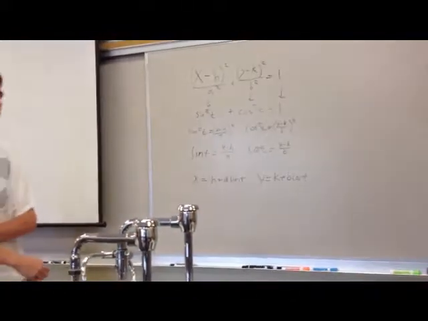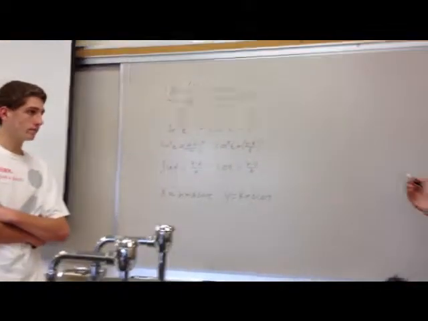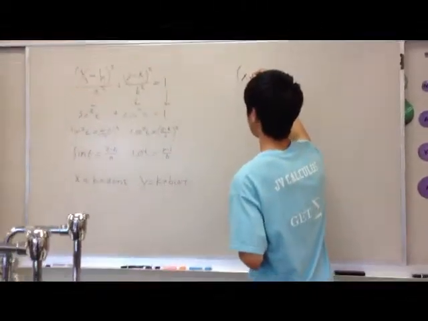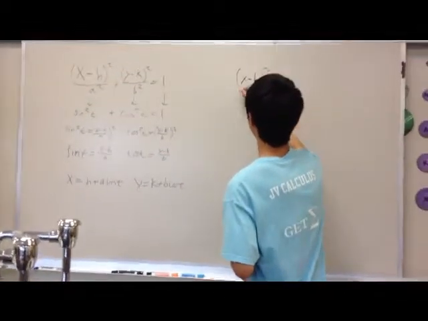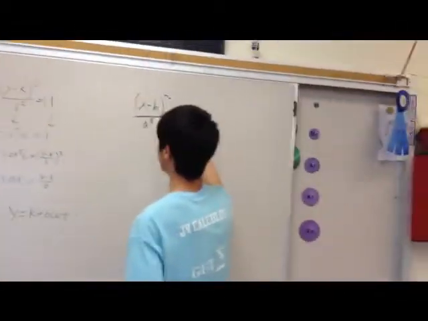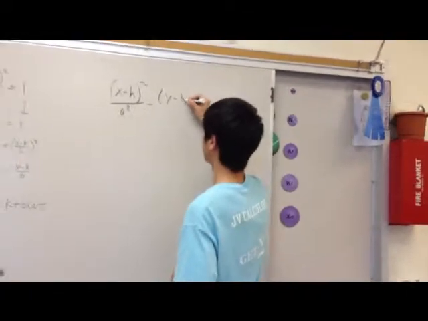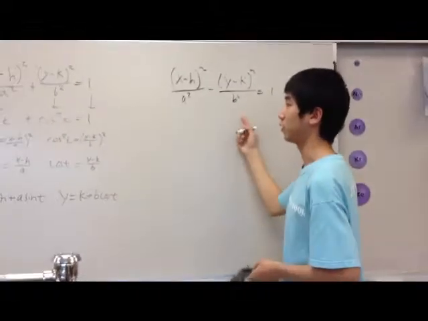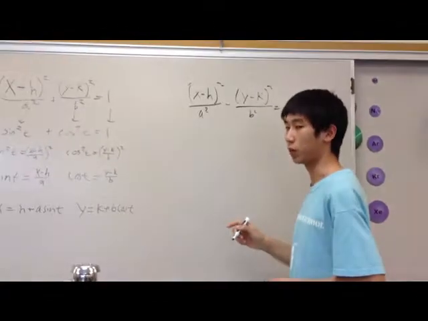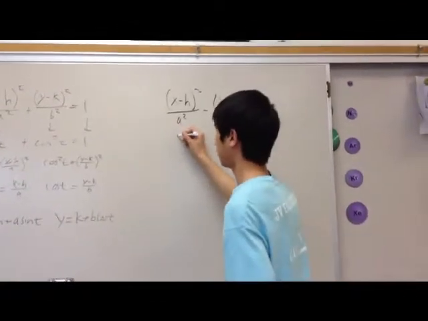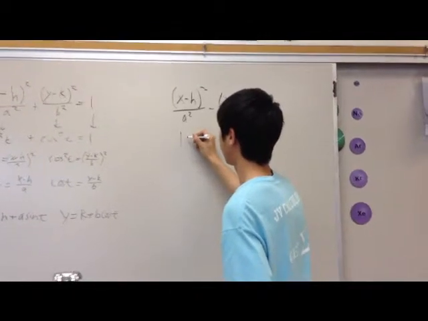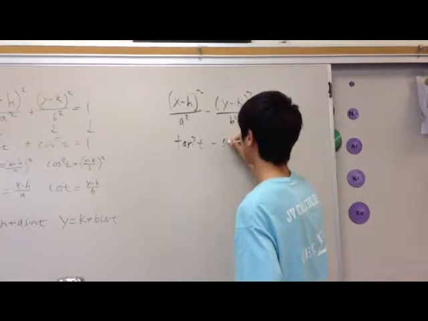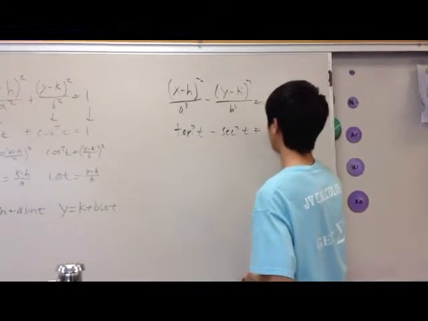And it's pretty much the same thing with hyperbolas. You know, the standard form of the equation with a hyperbola is like so. Except to convert into parametric form, we use tan squared t minus secant squared t equals 1.